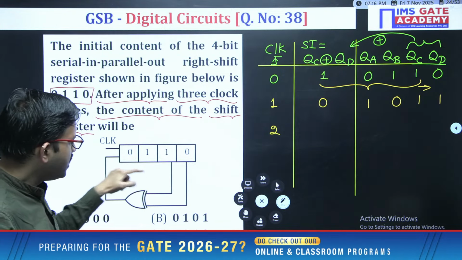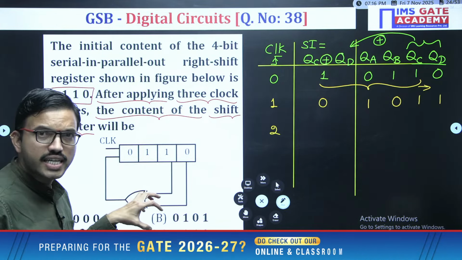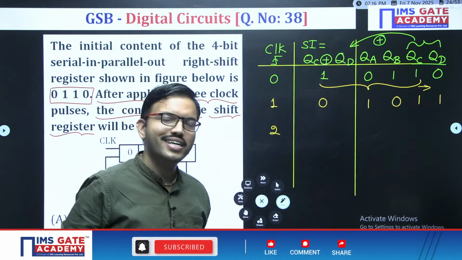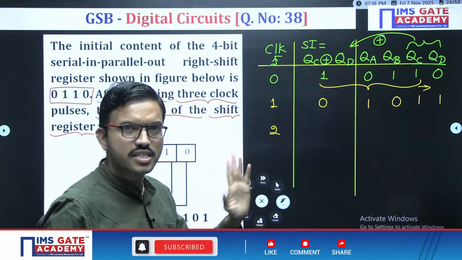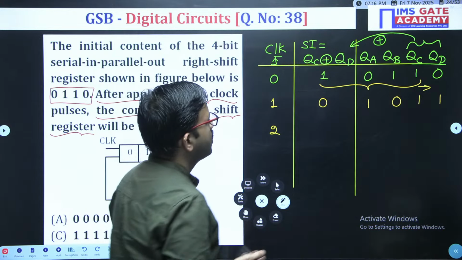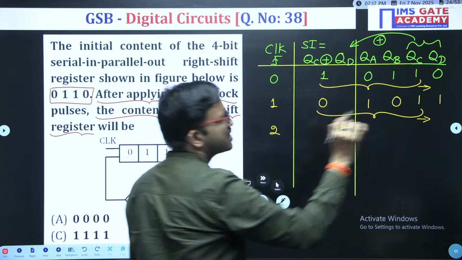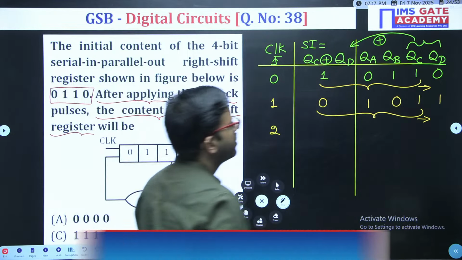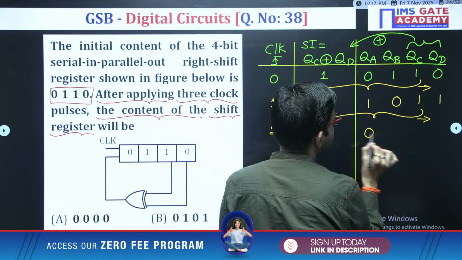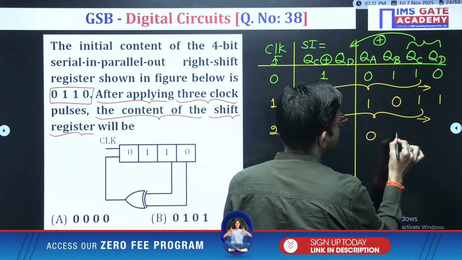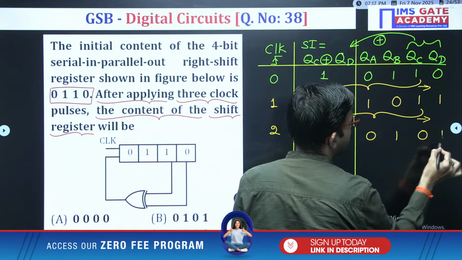Whenever you have a combinational circuit or logic gates like this, that output is updated before you apply the next positive edge or negative edge. Now, after applying the second positive edge, these 4 bits are right shifted. So in this case, you get 0101.